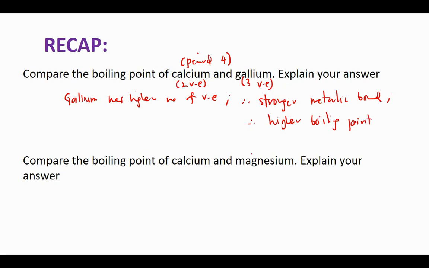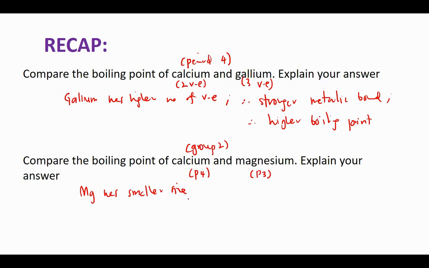But between calcium and magnesium, these are elements in the same group. Okay, group 2. But calcium is in period 4, but magnesium is in period 3. For this question here, compare in terms of the size.